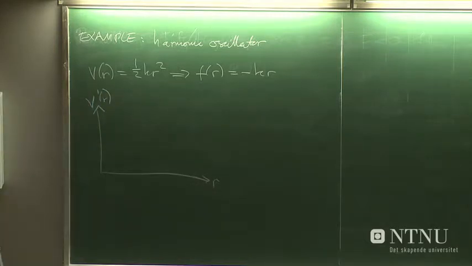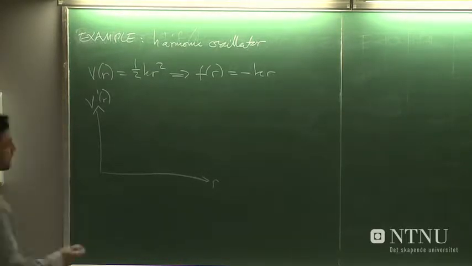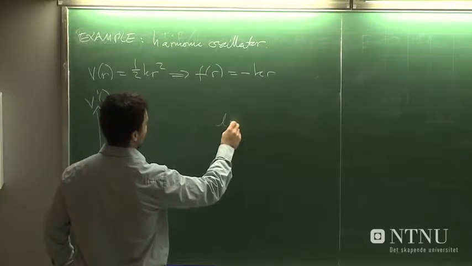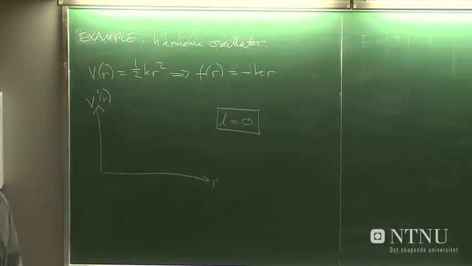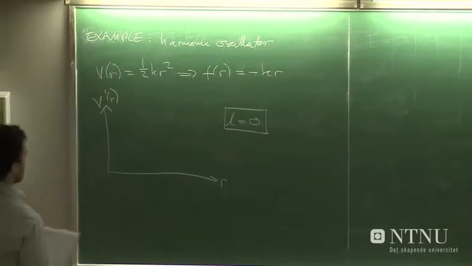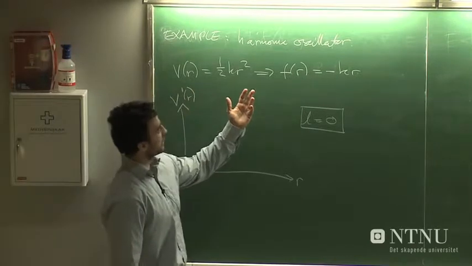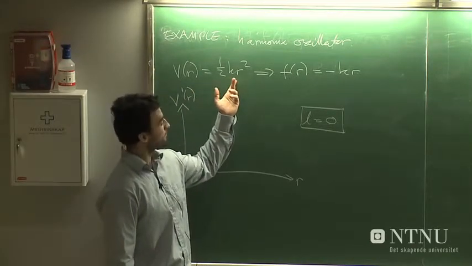Let's consider first a scenario which is probably familiar to most of you. Namely, consider first the case where we have zero angular momentum. So you have just a particle moving in this potential.